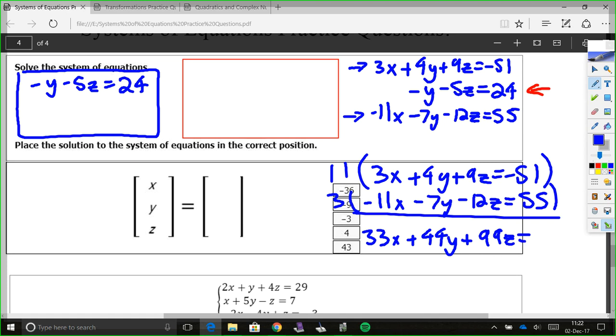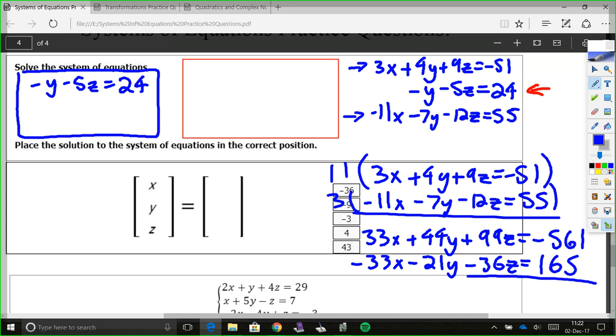And 11 times negative 51 would be negative 561. Now the bottom equation, 3 times negative 11 would be negative 33x. 3 times negative 7 would be negative 21y. 3 times negative 12 would be negative 36z. And then 3 times 55 is 165.